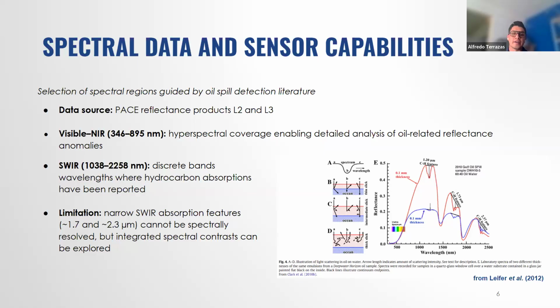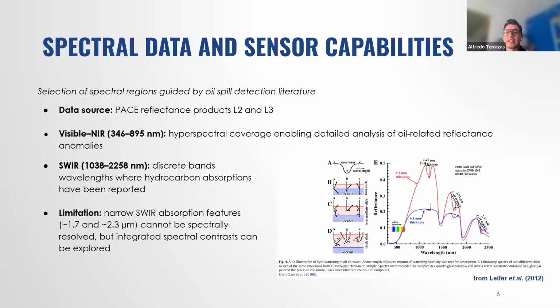This coverage enables detailed analysis of oil-related reflectance anomalies, but we found in the literature that there are some features, especially near 1.2, 1.7, and 2.3, where the spectrum shows an absorption of light.